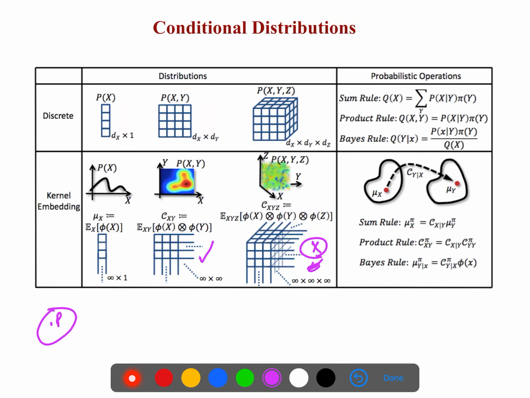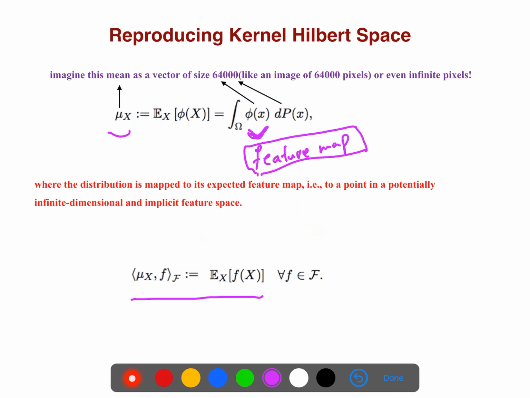So we use either a product space for joint distribution, or for a simple distribution we use mu. And you will see in the next lectures that you can find such equivalences for everything that you have done for the sum rule, product rule, and Bayes rule. You do it with other variables that are meaningful in Hilbert space, such as covariance, cross covariance, and those things.